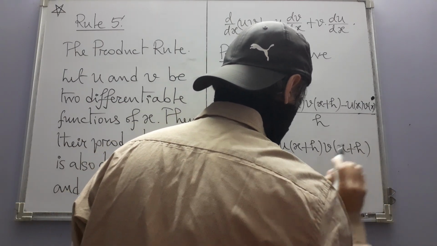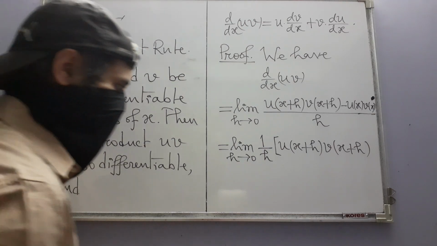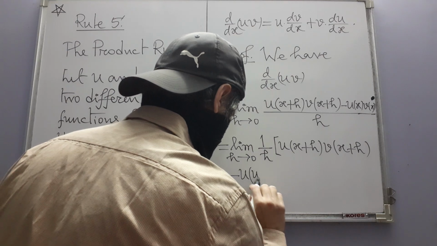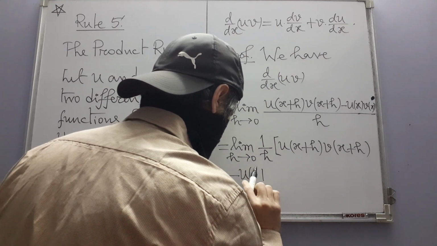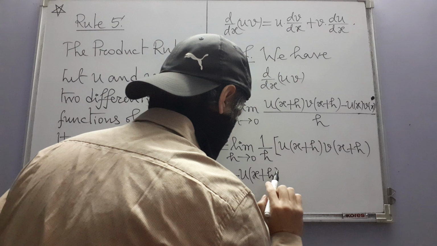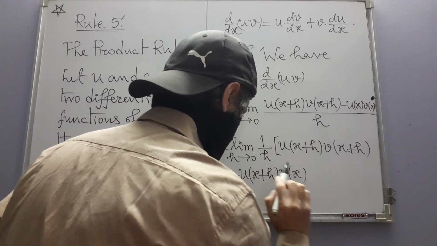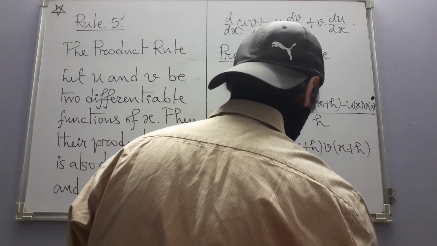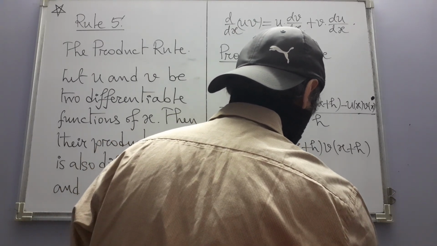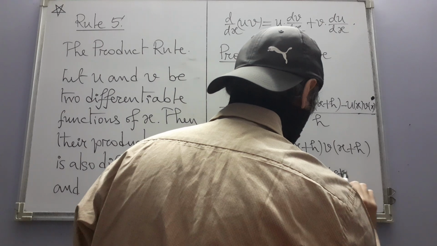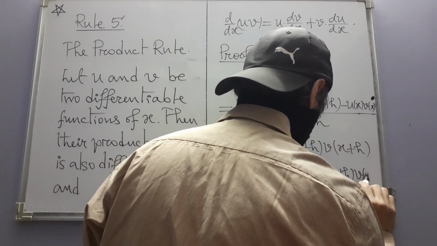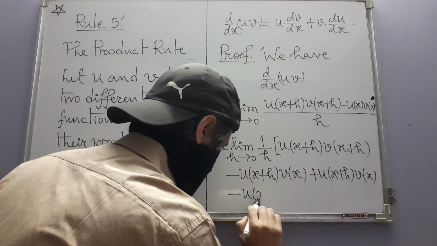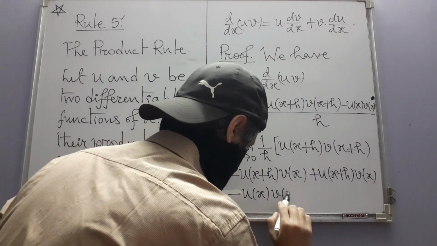So what we are going to do here is that we will write the term minus u of x plus h times v of x, but then to balance it, we also write the positive counterpart of it. And of course, we originally had minus u of x times v of x.